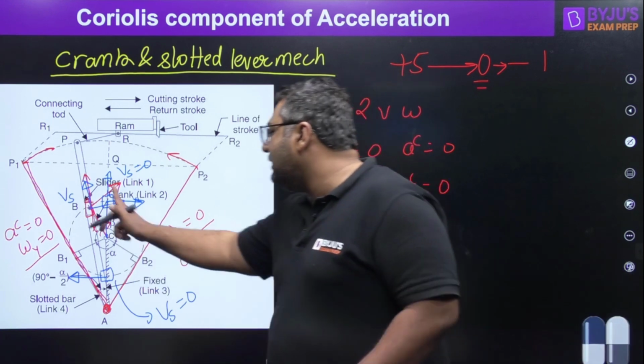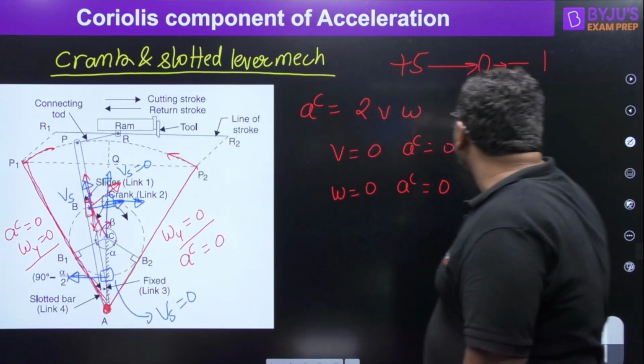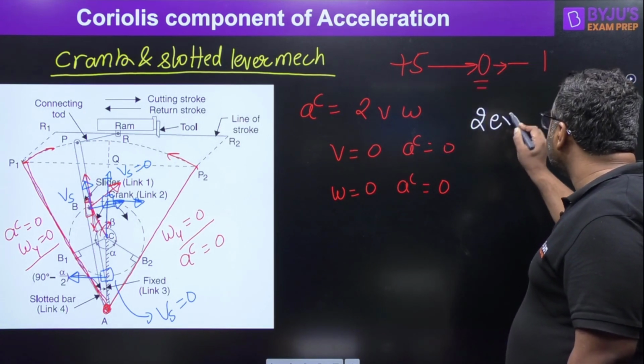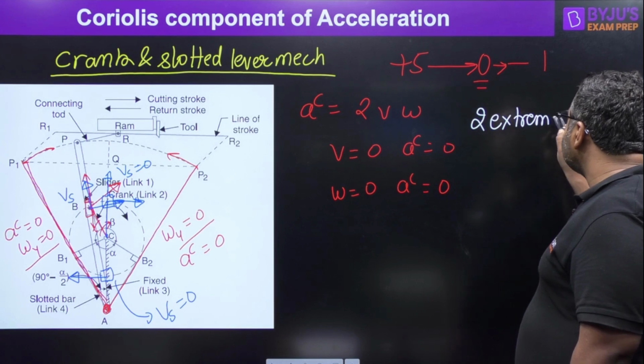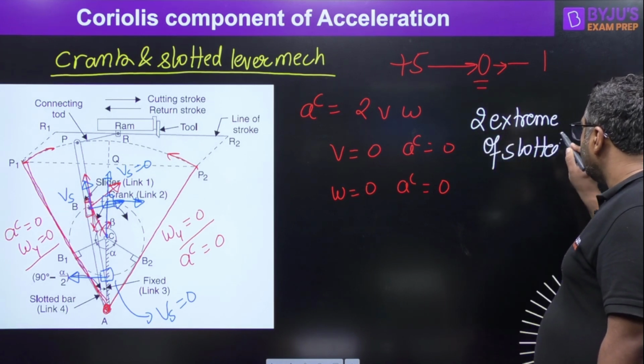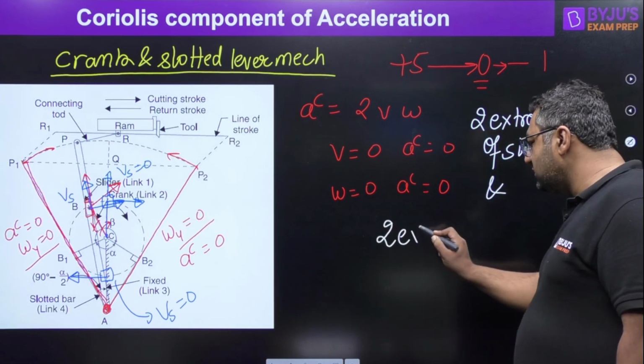So definitely at these two positions the slider velocity would be 0. So my dear, there are two extreme positions of the slotted bar and two extremes of the slider.